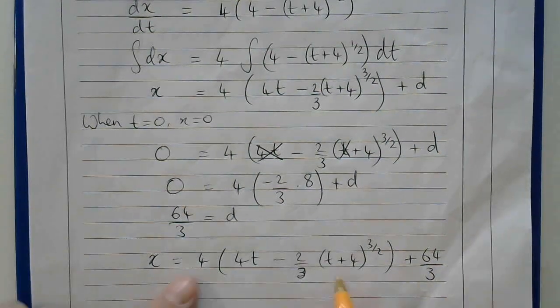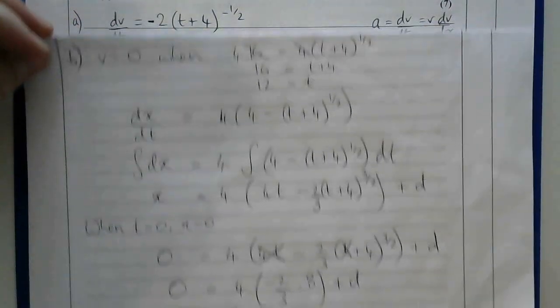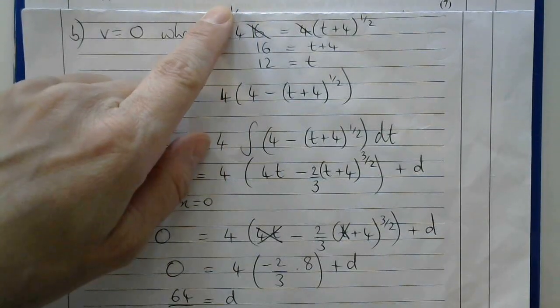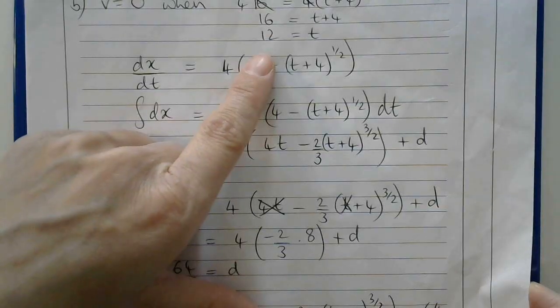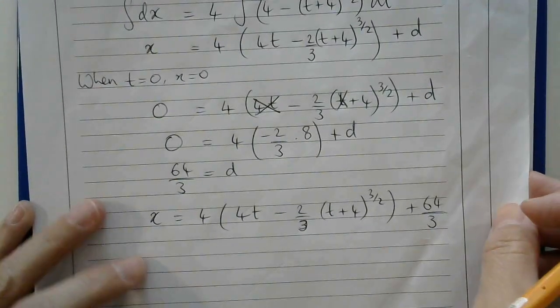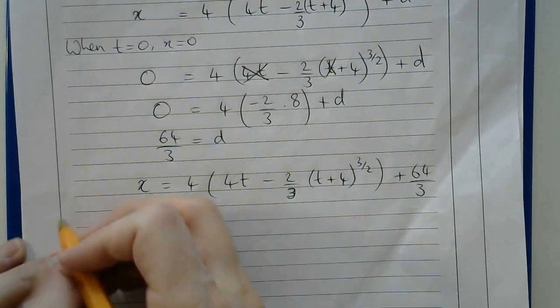It's not particularly neat, but what do they want? Find the distance, find the value of x when it comes to rest. Now we said it comes to rest when t is 12, so now I can pop my value of 12 into here, into t.